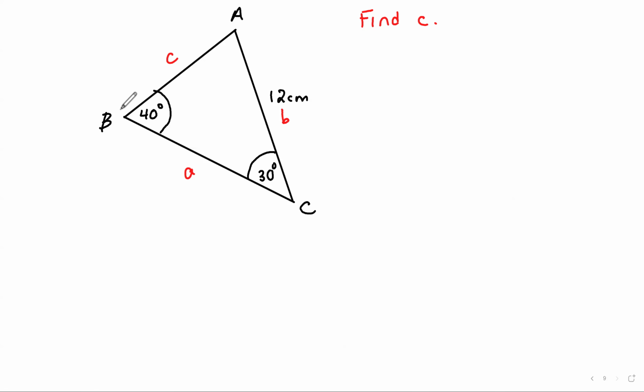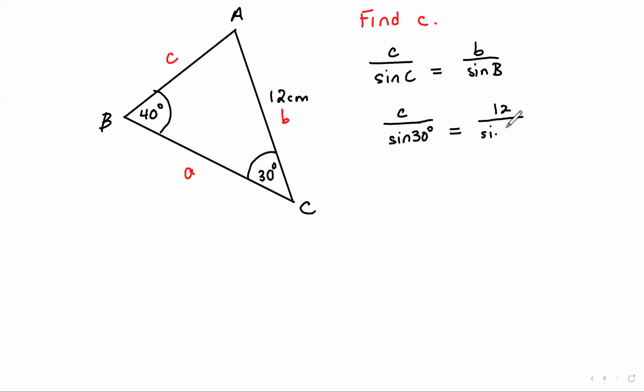Okay, so substituting our values, I'll say C over sine C is equal to B over sine B. Now I substitute my values in there. C is what I'm trying to find. Sine C is sine of 30 degrees, and that is equal to B, which is 12 centimeters, over the sine of B, which is 40 degrees.